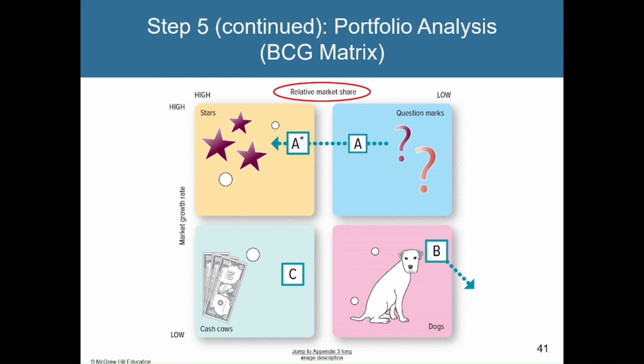The relativity involved in this term tells us what our competitors are doing, because not only should you know about your market share, you should also know about your major competitors' market share, so that you know the relative position or relative performance of your strategic business unit.